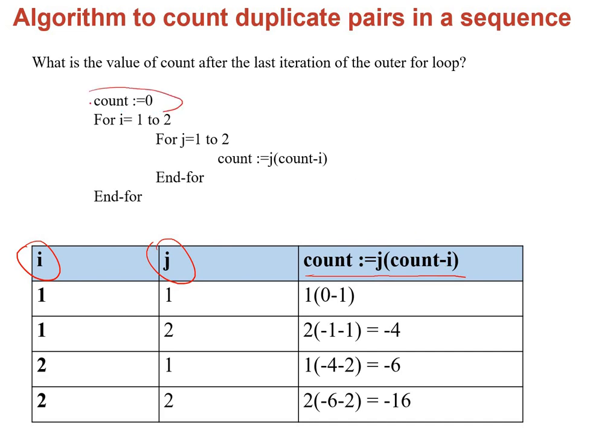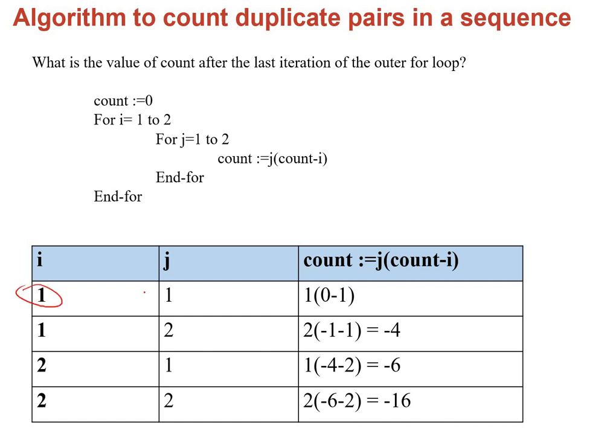So you're starting with count equals 0, right? So this is your equation, this right hand side over here. For each row, you have to read off what the values of I and j are, and then just plug them in and carry over the value of count for each case.